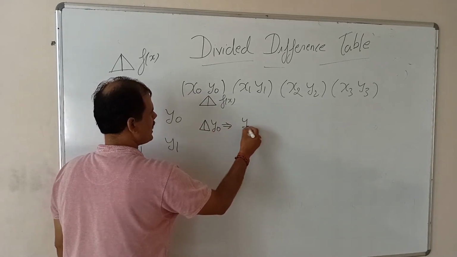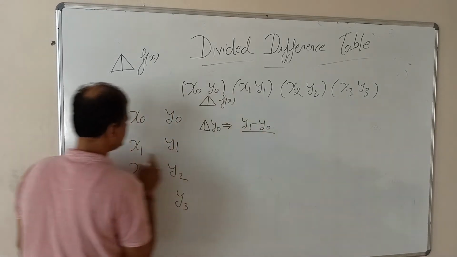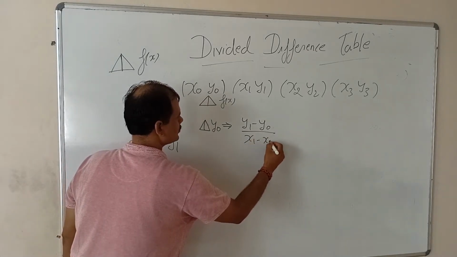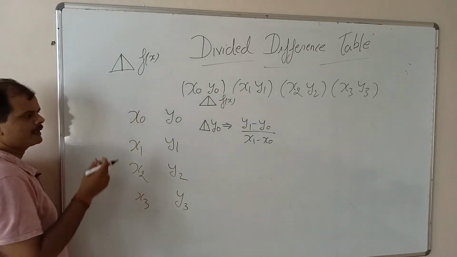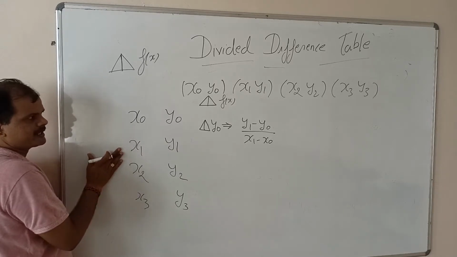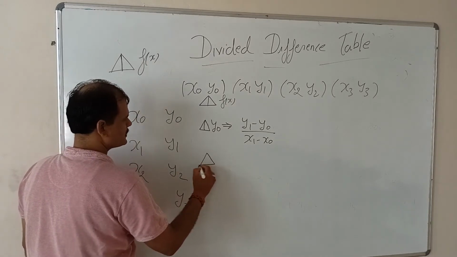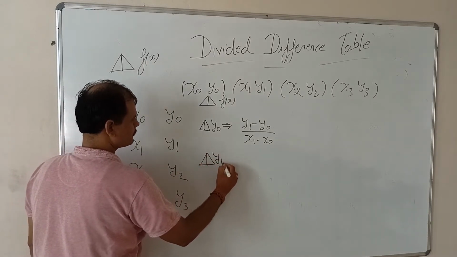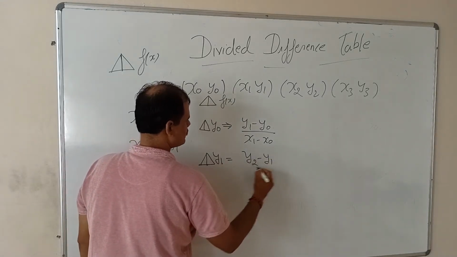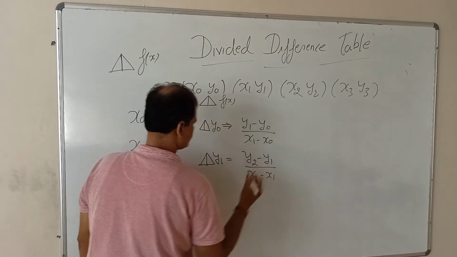it will be your (y1 minus y0) divided by (x1 minus x0). Here in the denominator we are dividing by x1 minus x0, so we say divided difference. For the divided difference of y1, it will be (y2 minus y1) divided by (x2 minus x1).